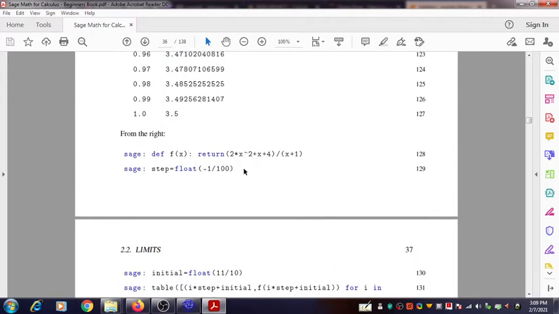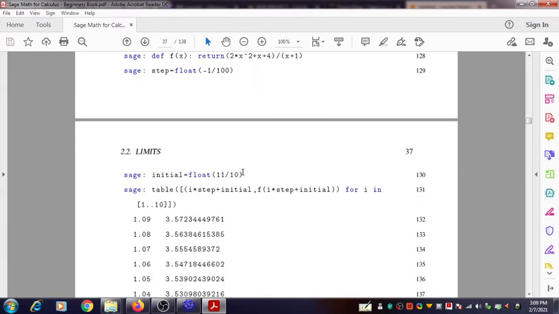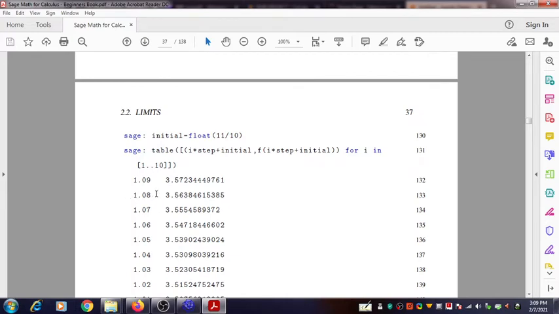In the first step we reduce the value by minus 0.01, and then we calculate the function value at that point. Then again the value of x is reduced by minus 0.01 to get to the point 1.08, and there we calculate the function value.